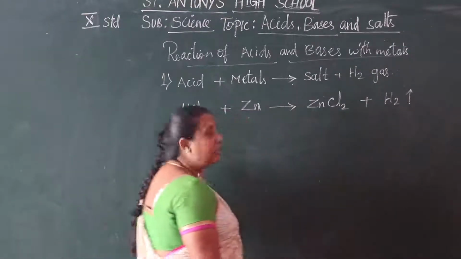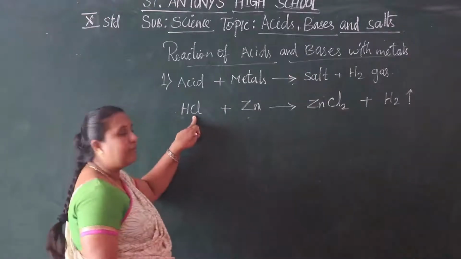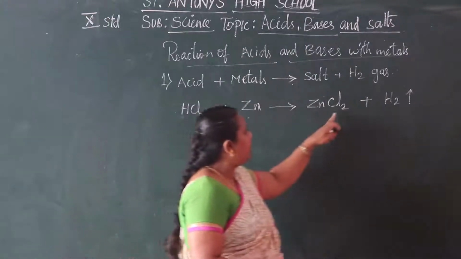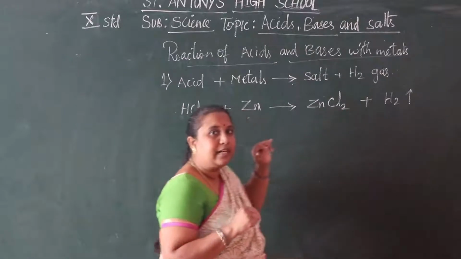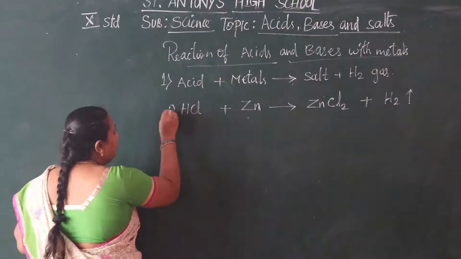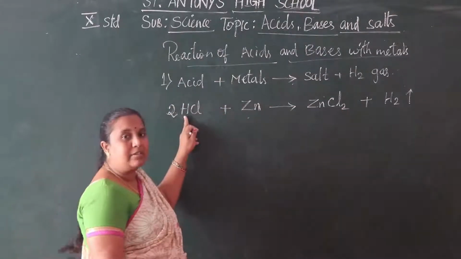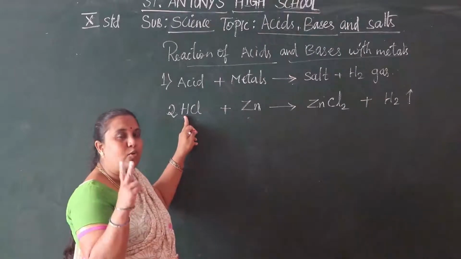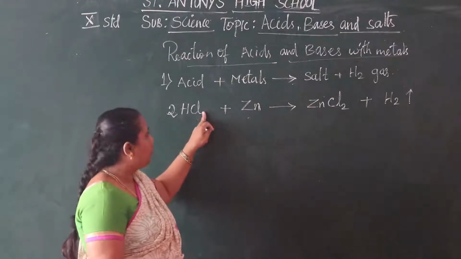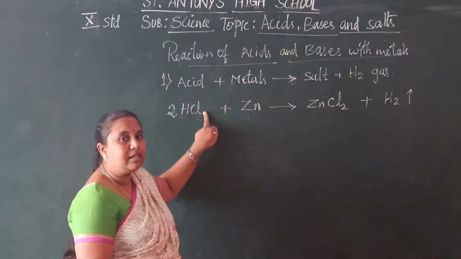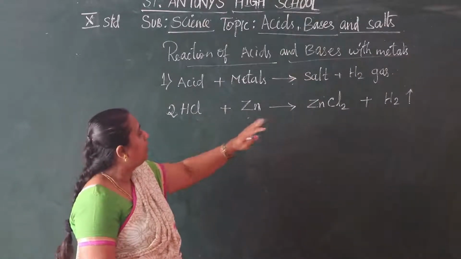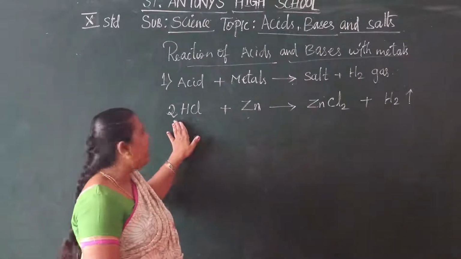Chlorine is also only one on the reactant side, and in the product side we have two. Is it right, children? So here we can write two. Now hydrogen has two on the reactant side, and chlorine also has two. Now it is balanced. Check it once.